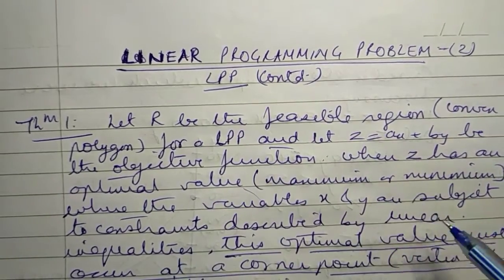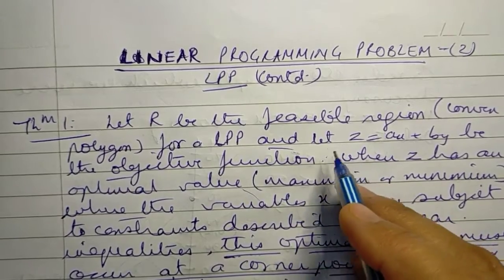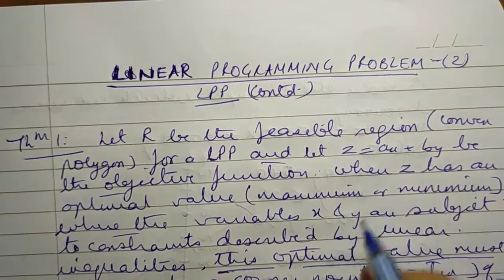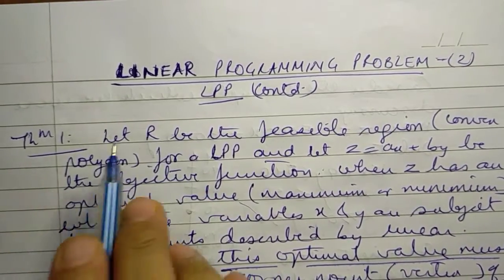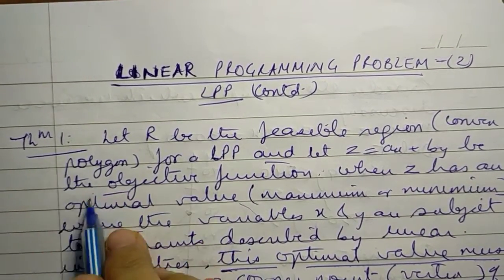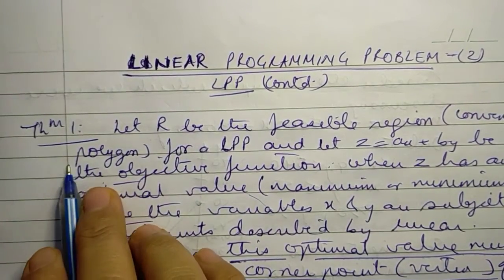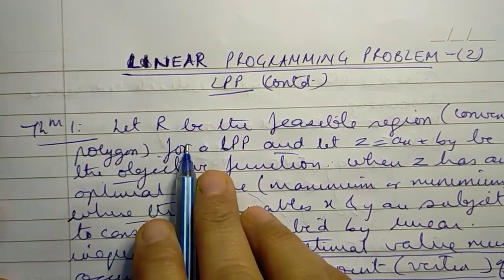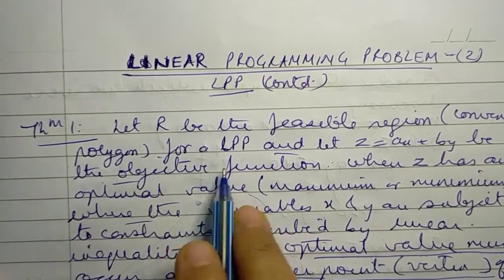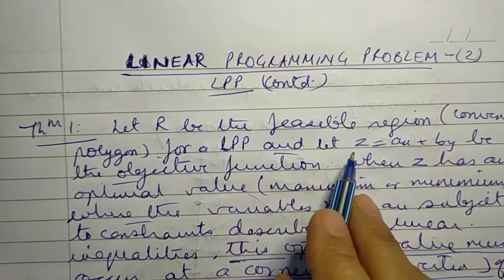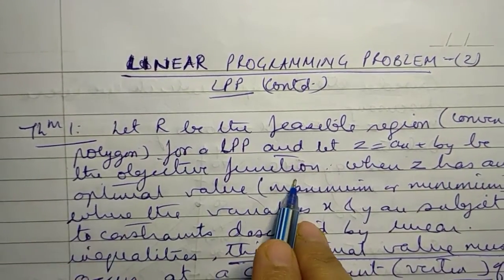Since it consists of infinitely many points, in order to decide which point will give us the optimal solution, we have the following fundamental theorems which help us to solve the LPP. Theorem 1 says that let R be the feasible region, that is a convex polygon, for a LPP, and let Z = AX + BY be the objective function.